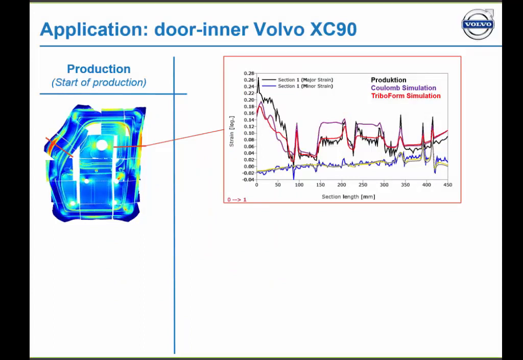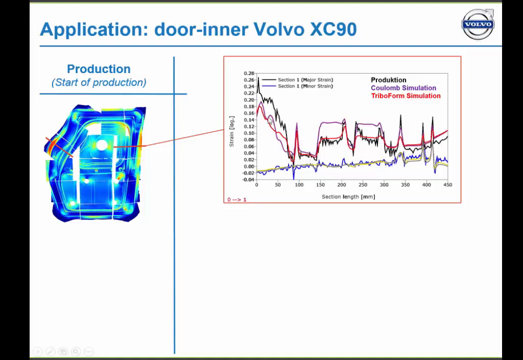So if we have a closer look at the strain distribution, we took out two cross sections over here and over here. You see here in black the major strain from the measurement.